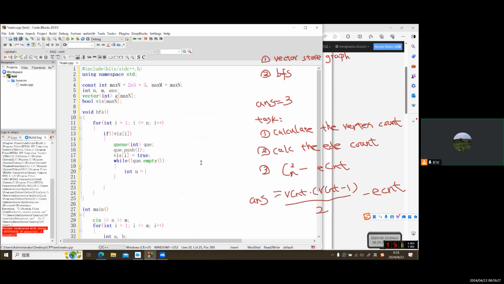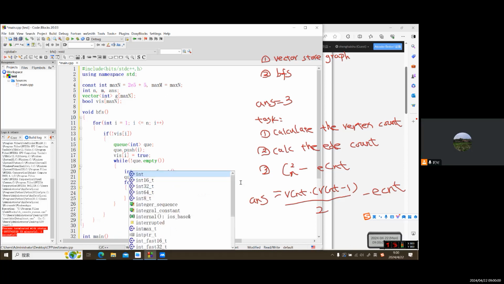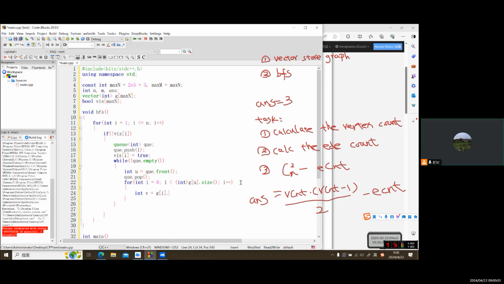This is the top vertex. Dot size. Int v. v is the ith neighbor of u.